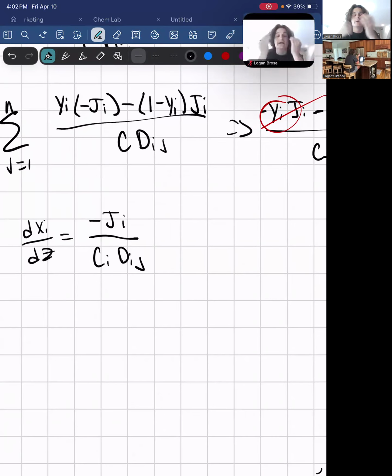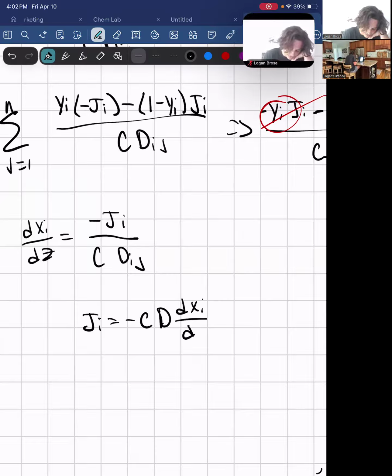So right now this might not look familiar, but we can rearrange this equation to ji equals negative cD times our dxi over dz. Well, this one should look familiar, right? This is our Fick's law.